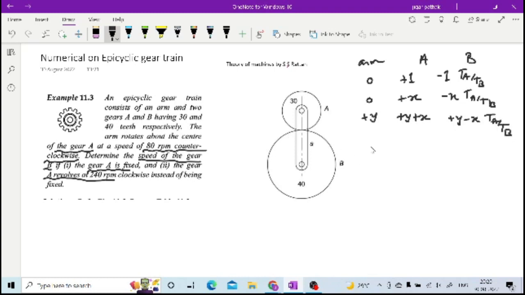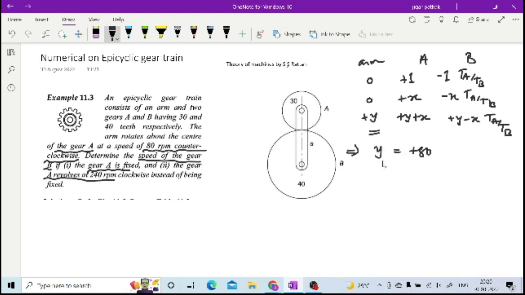Now once you have this table ready, you can put in the different values, right? The arm rotates about the center of gear A at a speed of 80 rpm counterclockwise. The arm speed is y, and it is plus 80 only because it is counterclockwise.